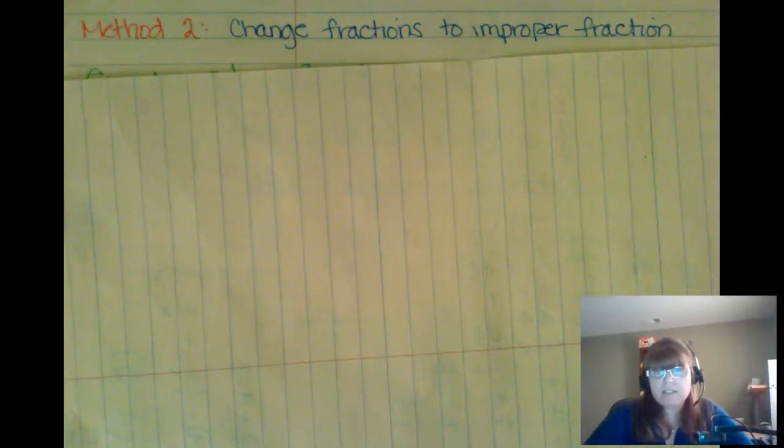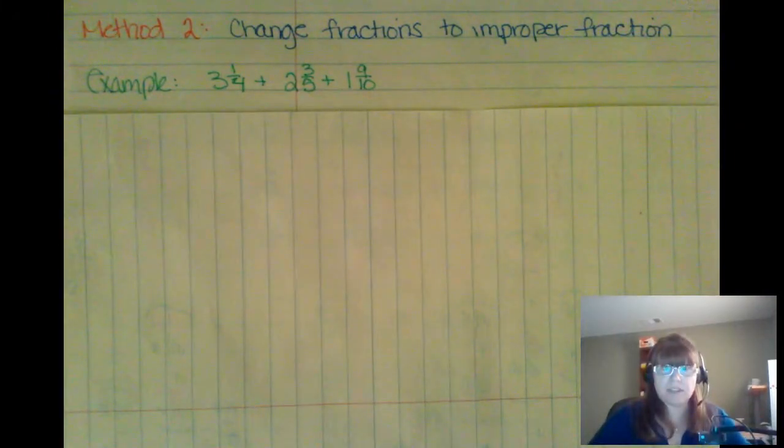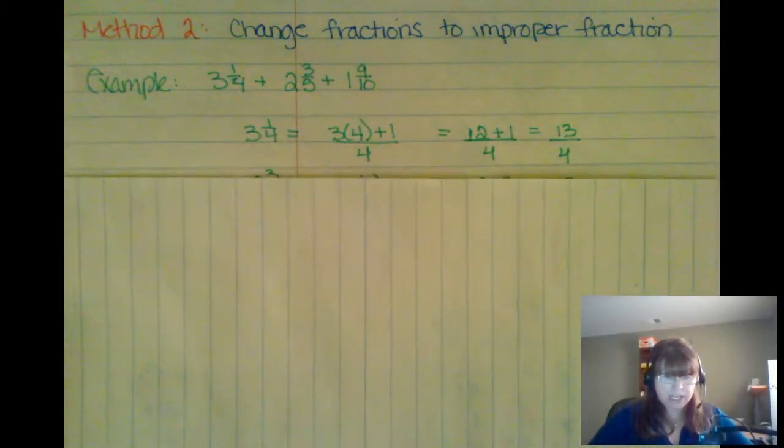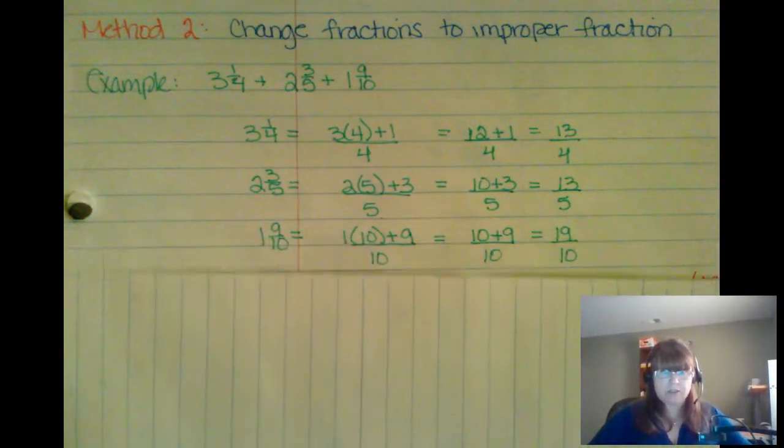Now a second way to solve the addition problems or the subtraction problems of mixed numbers is to immediately change the fractions into improper fractions. For example, we have 3 1/4 plus 2 3/5 plus 1 9/10. I'm going to immediately change each one of these into an improper fraction using the same method that we have.